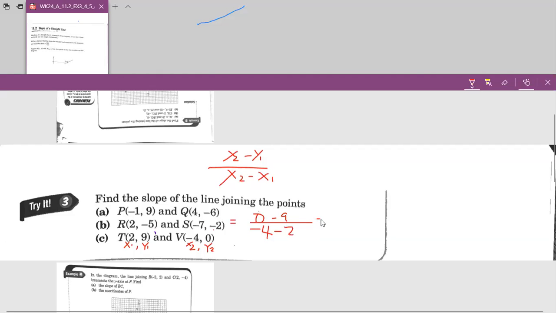All right. So let's do the calculation here. Yvonne, can you tell us what is this answer? Can you turn on your volume a little bit?